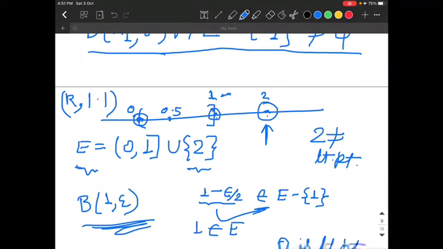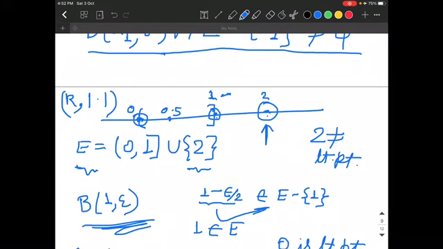An interior point is a point where there exists some ball that lies completely inside the set E. A limit point is one for which every open ball around it intersects the set E at some point other than the point itself, and an isolated point is one where every open ball around that point intersects E only at the point itself, only at the point around which the ball is taken.